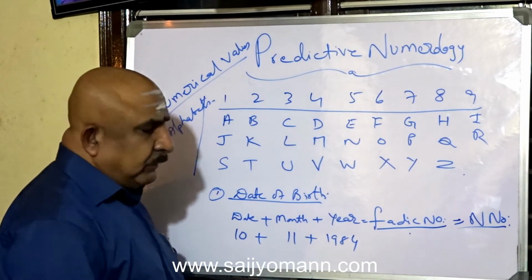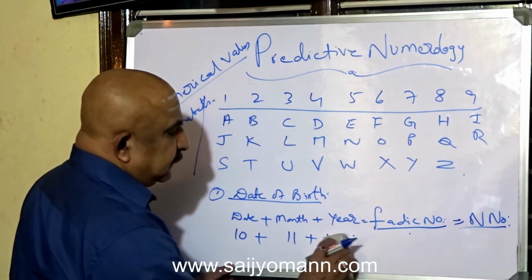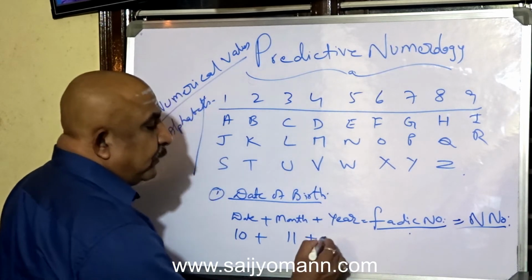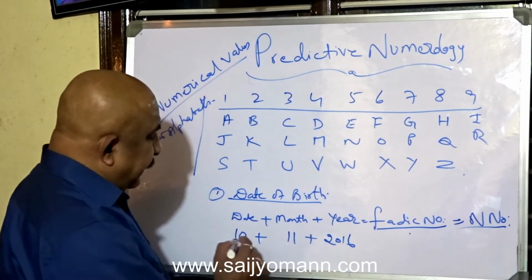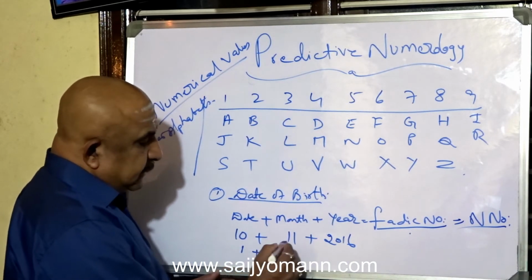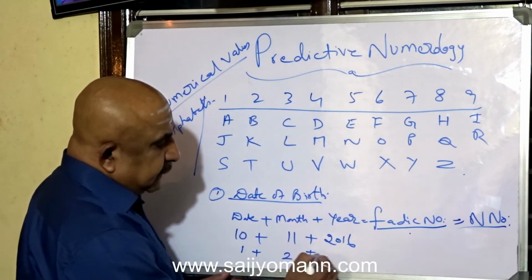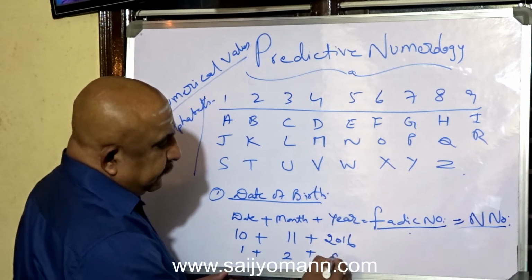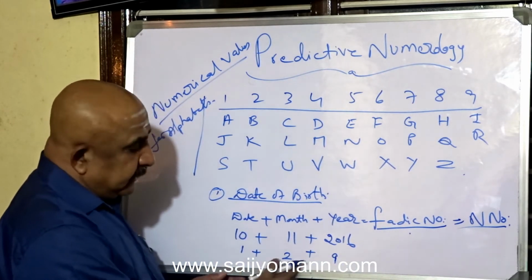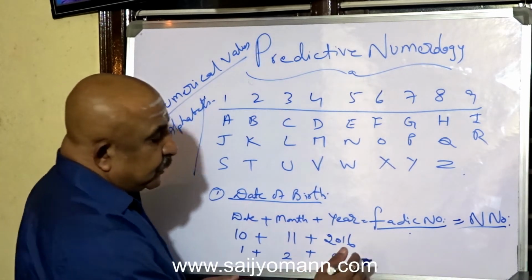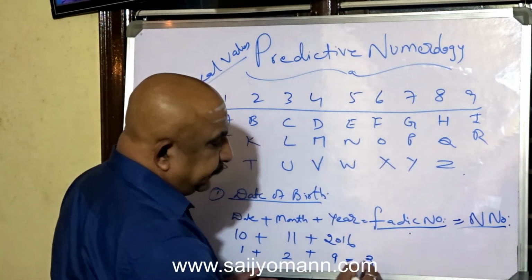Okay, it's an old one. Let us take a recent one. 10th November 2016. 10 is 1, plus 1, plus 1, 2, plus 7, 8, 9. Again, 1 plus 2, 3, 3 plus 9, 12. So that is 3.